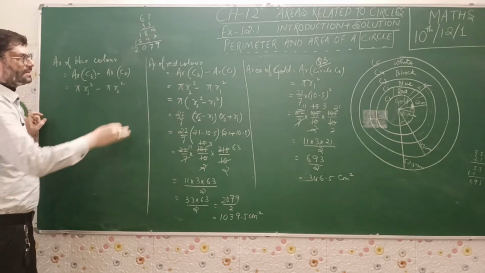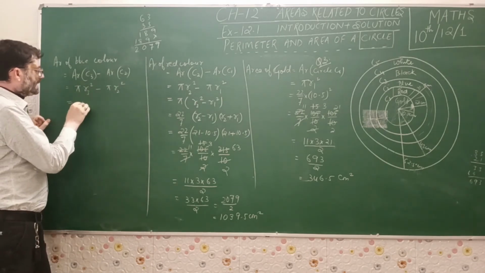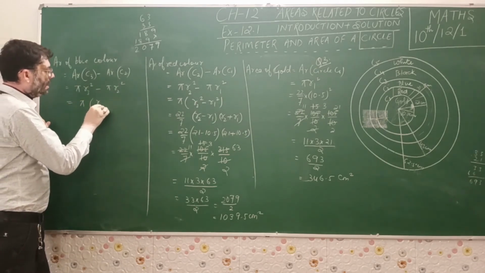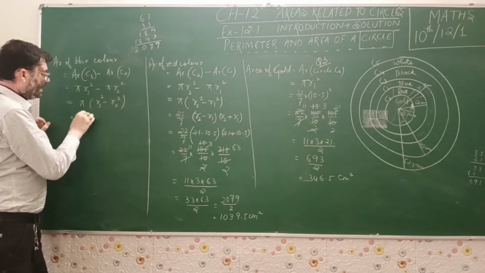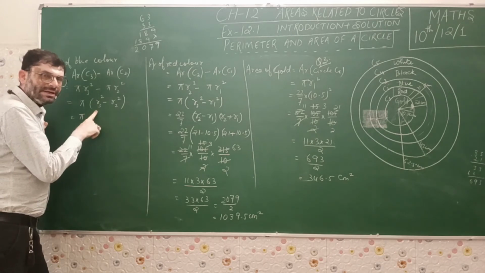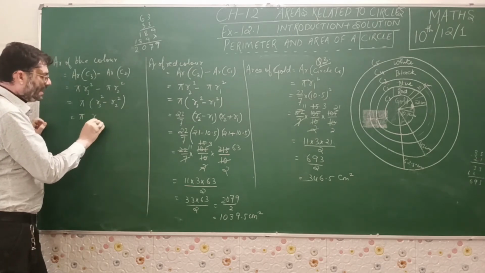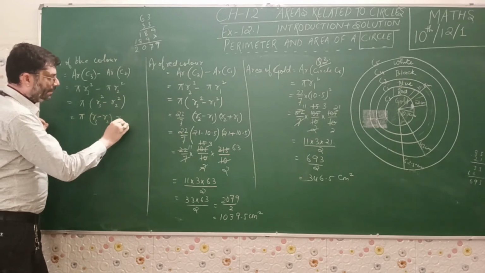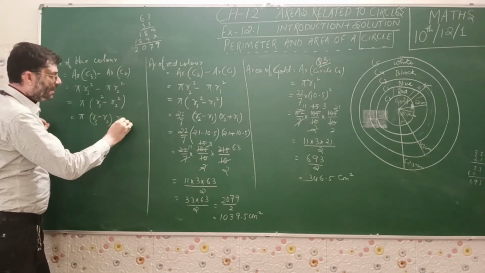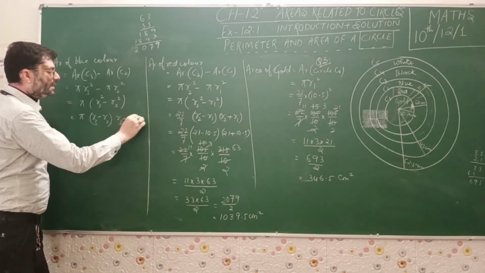Moving the same way as we have done earlier for red, this can take π common: R3 square minus R2 square. You can again use the identity A square minus B square, so this can be written as A minus B and A plus B. So here we can write R3 minus R2 and R3 plus R2.